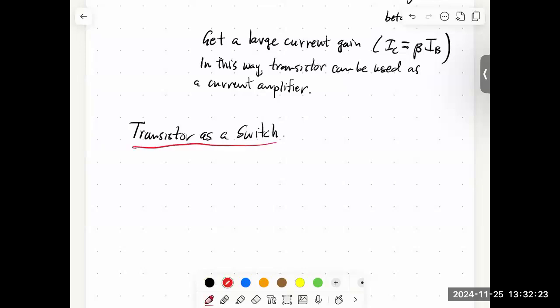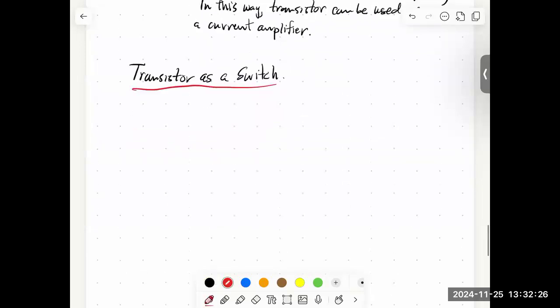Okay, so in fact, the circuit we're going to analyze is just like the one that we've been discussing. We're just going to add an output terminal. Let's take our input voltage as the voltage that we supply to the base. So we have our base resistor, and then here's our transistor.